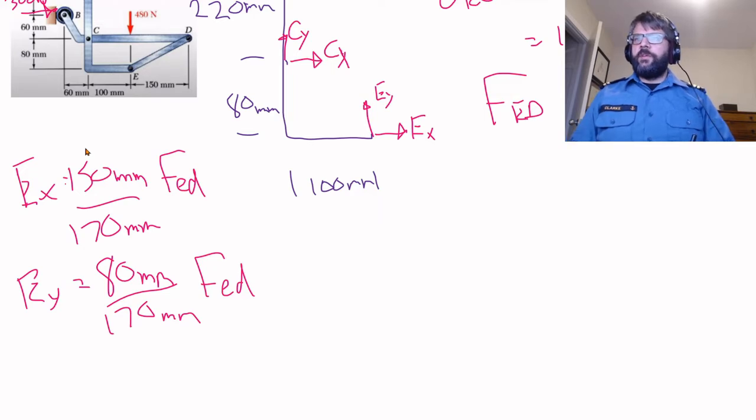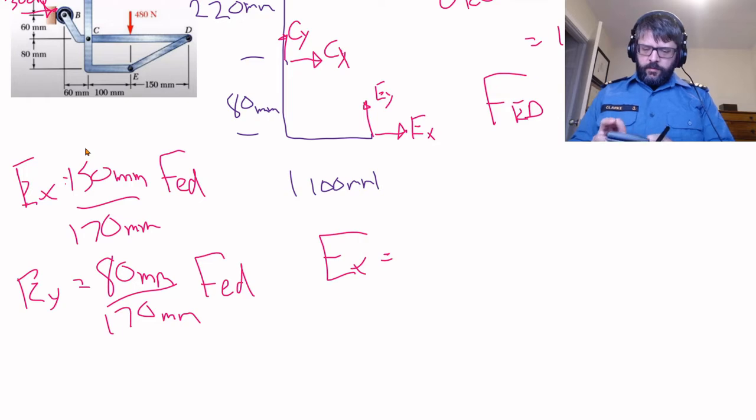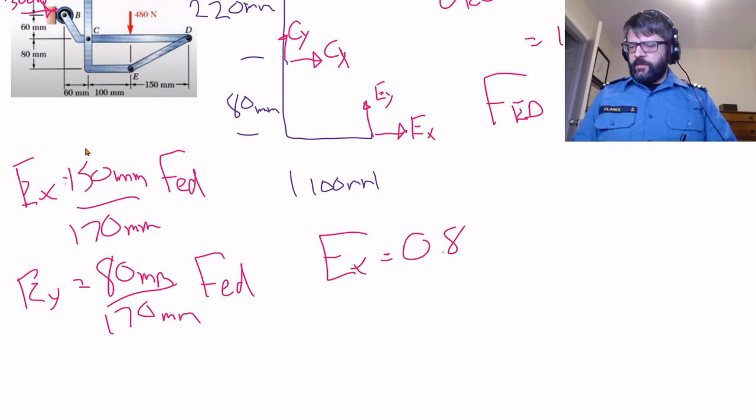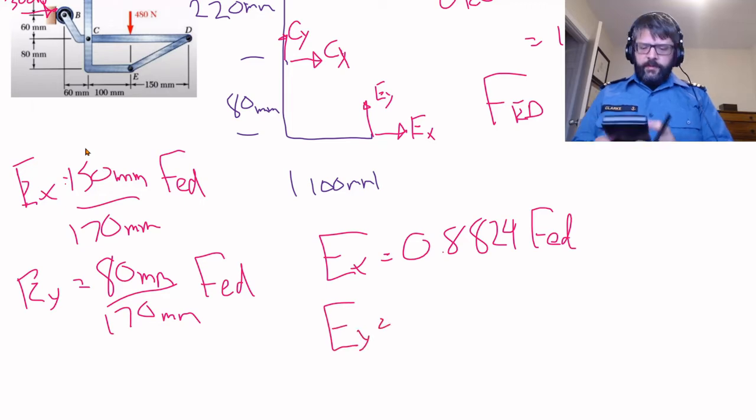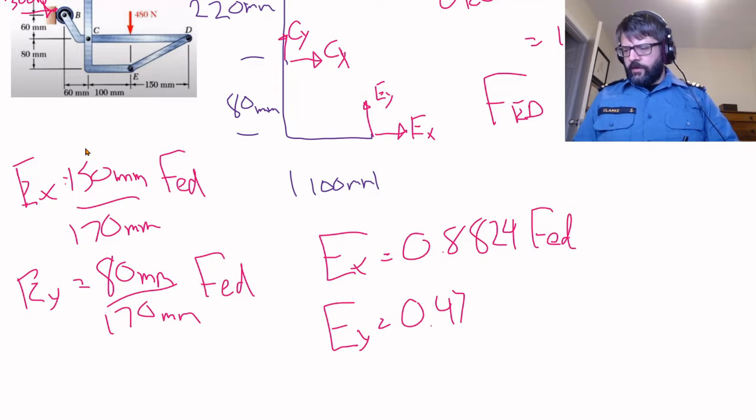So let's see, EX is 0.8824 FED, and EY is equal to 0.4706 FED.